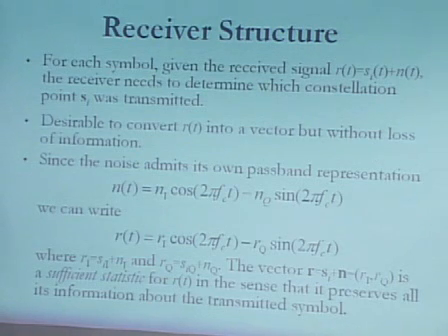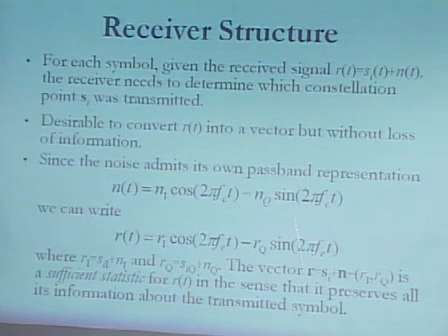We can do that very easily because the noise admits its own passband representation. The noise is a complex signal, just like the signal, so we can express it as an in-phase noise times the usual cosine minus a quadrature noise times the usual sine. Likewise, the received signal r(t) can be expressed as in-phase times the cosine minus quadrature times the sine.